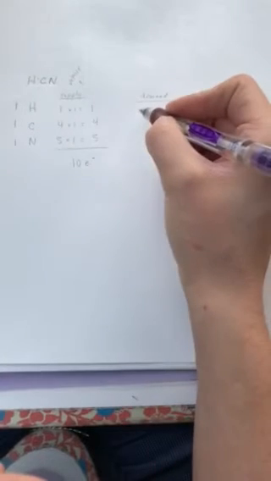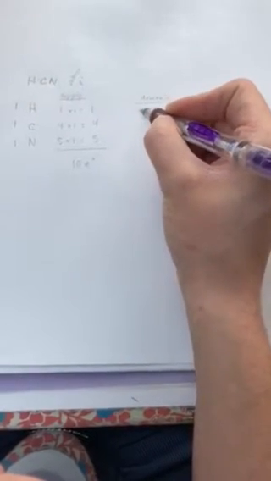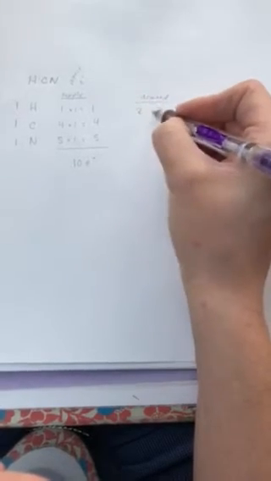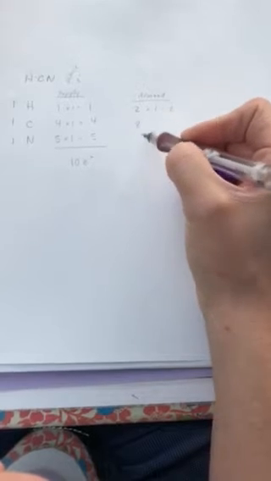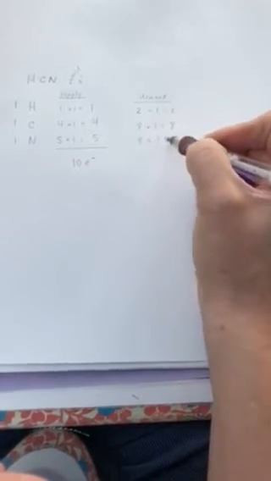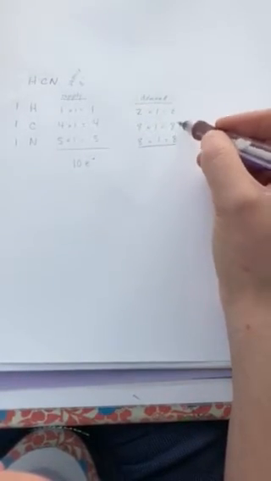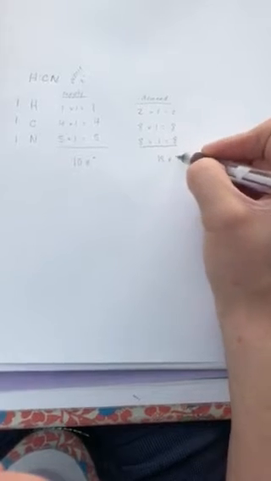Except hydrogen is one of the exceptions, and it only demands 2 electrons for a full shell. So we'll have 2 times 1 hydrogen is 2. Carbon follows the octet rule, times 1 carbon is 8. Nitrogen likewise follows the octet rule, which is 8. Let's add these together. We get 18.